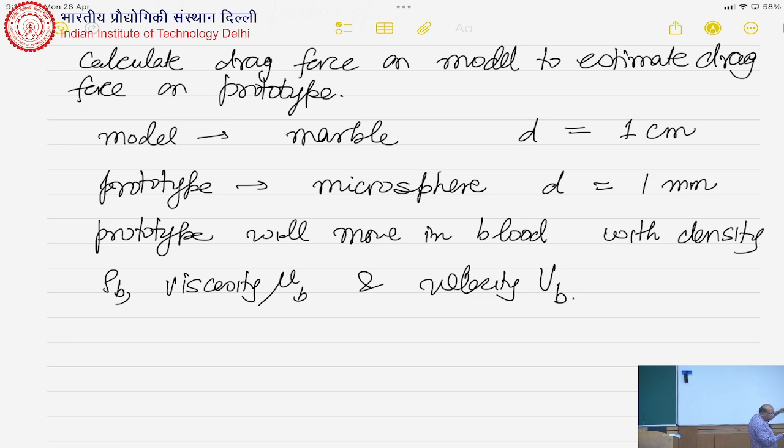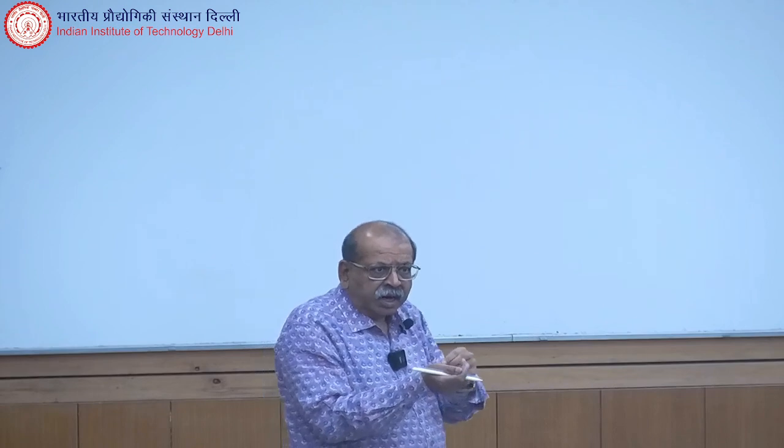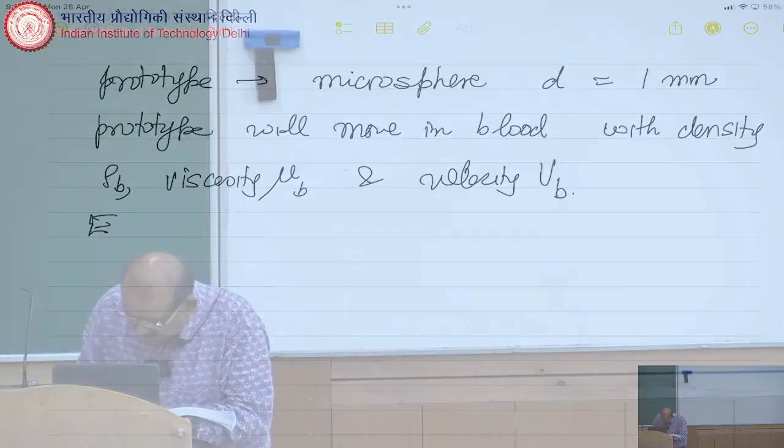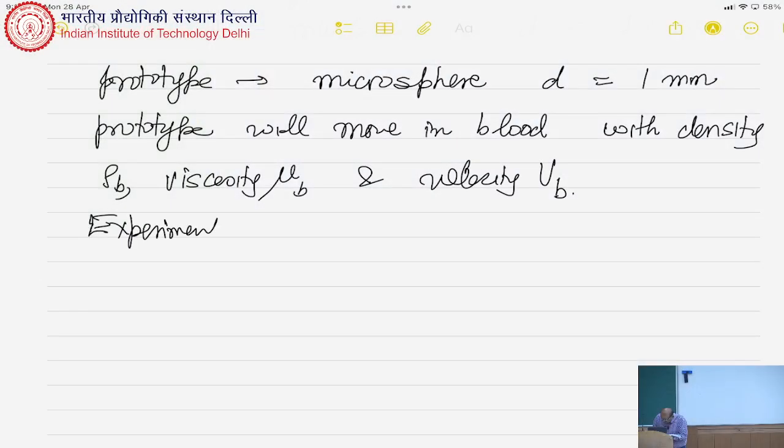So the prototype will move in blood, the density of which is given as rho b, viscosity is mu b, and it is moving with the velocity vb. Okay. Now the experiment is being carried out in air. See, now you see the simplification. You want to find the force on a particle traveling in blood, and the experiment is being done on a marble or on any sphere moving in air, which is much easier to do.